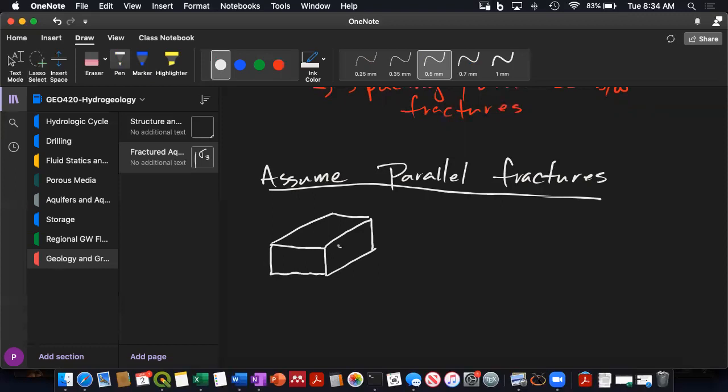And then adjacent to it, I've got another block of matrix. And then I would have another block here of matrix.